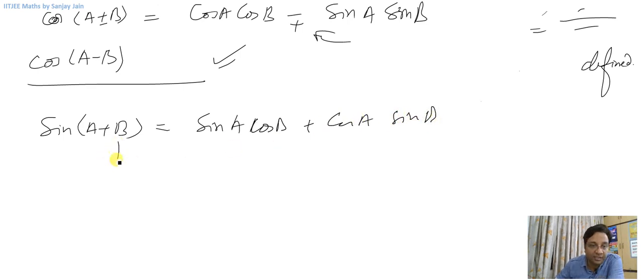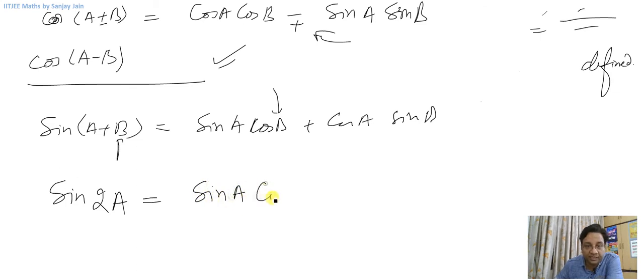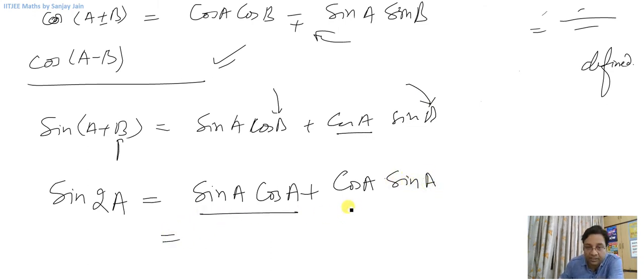Now if I replace this b with a, it will become sine of a plus a, that is sine 2a, and it will become sine a cos a plus cos a sine a. If you notice, these two expressions are the same, so it is equal to 2 sine a cos a.